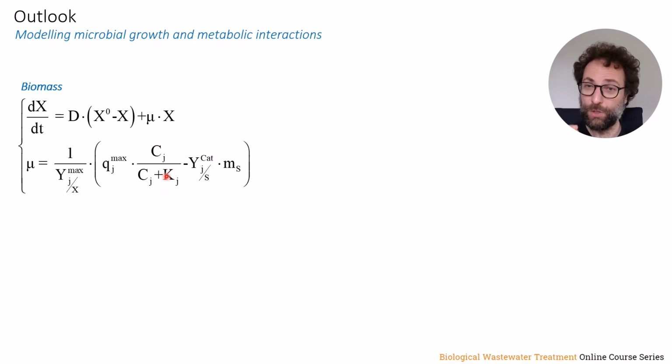Now, what is important for you to realize is that while the Q is always positive, if you look at this expression, there will be a value of concentration at which your mu becomes 0.